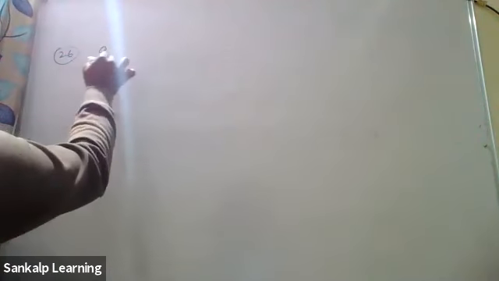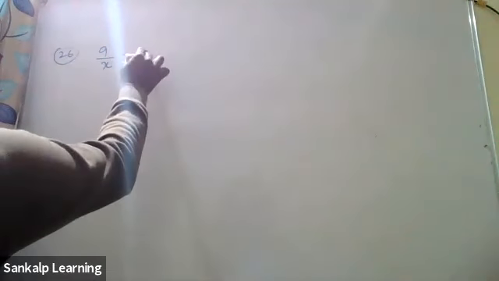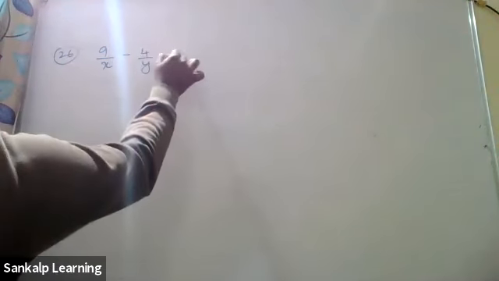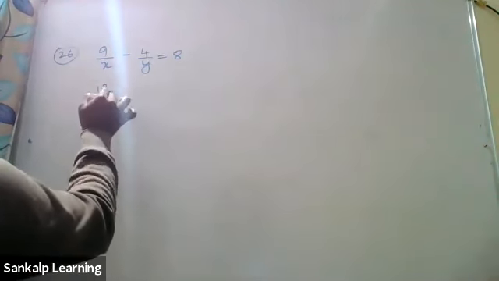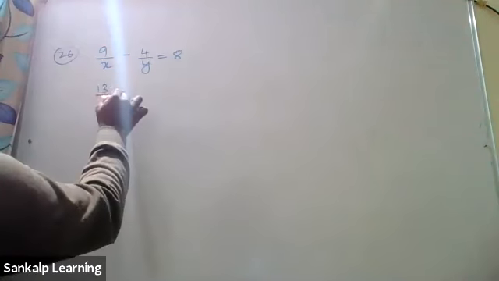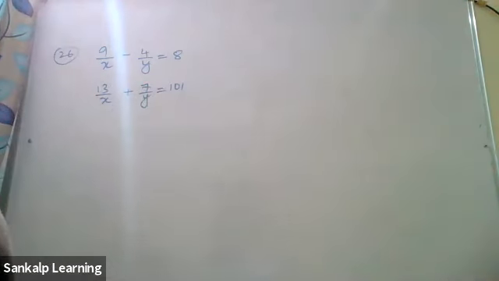This will be the 26th one. This is called reducing into standard form. 9 by x minus 4 by y equal to 8. 13 by x plus 7 by y equal to 101.